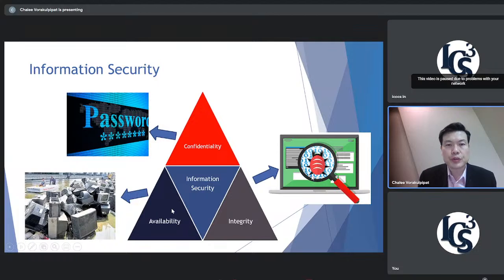Okay. The second one, availability. Availability is opposite to confidentiality because availability is if you want to use the system, you must be able to use it anywhere, anytime, as long as you want. Yes, it is opposed to confidentiality, where we are not allowed to use the system if we don't have permission.